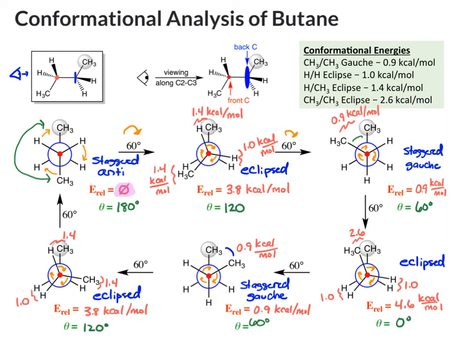That is our lowest energy conformation. Then as you go through and look at the relative energies, you find one that has the high extreme, 4.6 kcals per mole. This is our highest energy conformation.